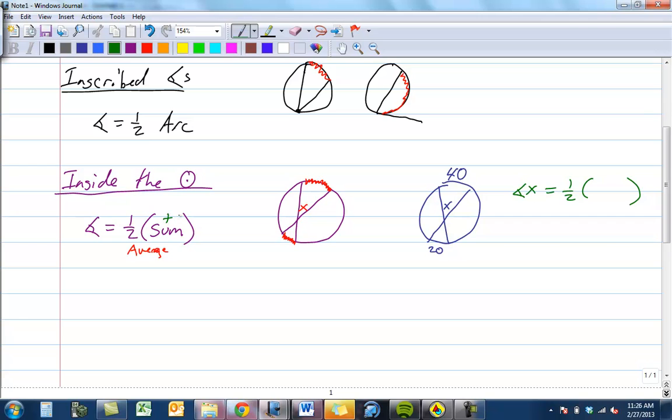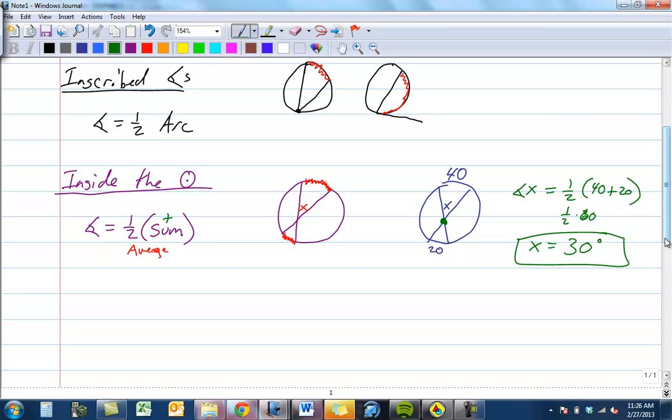Sum means to add them. So 1/2 the intercepted arcs, the sum of them, 40 plus 20, is 1/2 times 60. So angle X is... Oops, 30. I got ahead of myself. X is 30 degrees. Now, the vertex is inside the circle here. That's why it's 1/2 the sum.